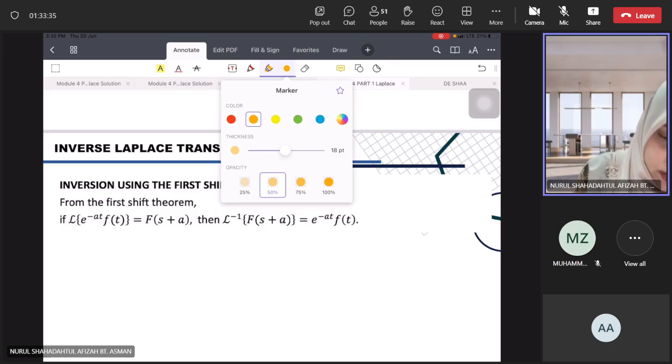So for example, this one, we find the inverse Laplace transform of the following expression.